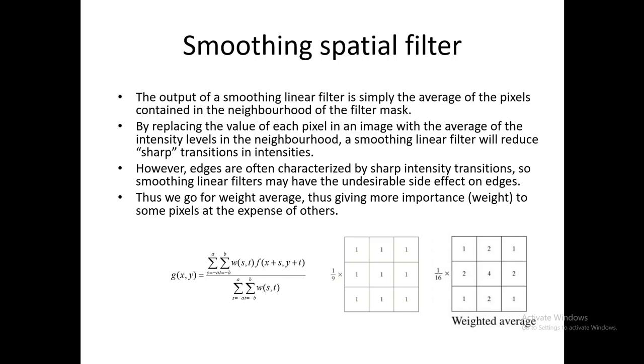The difference is that in the box filter, no more importance is given to any specific pixel, but in the weighted average, more importance is given to the pixels near the origin, the center pixel, and the pixels far from the center are given less importance.